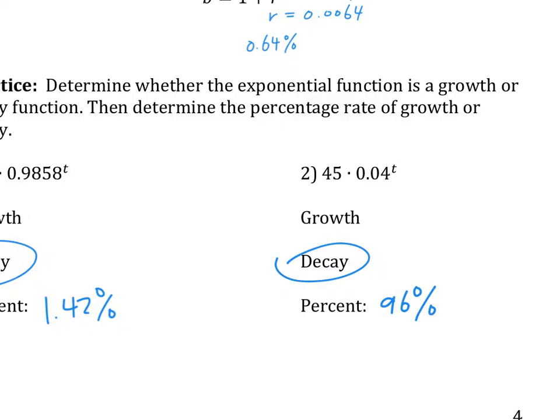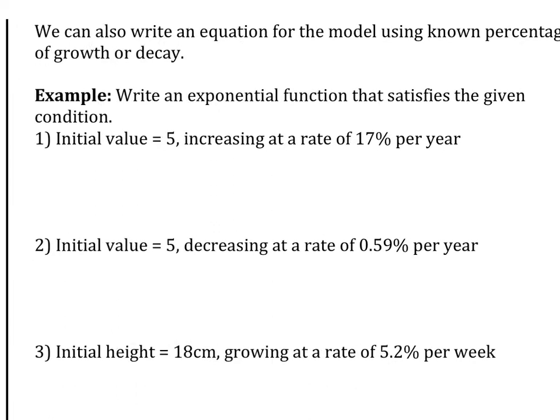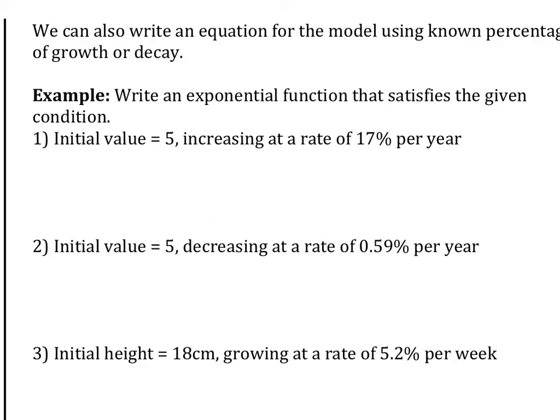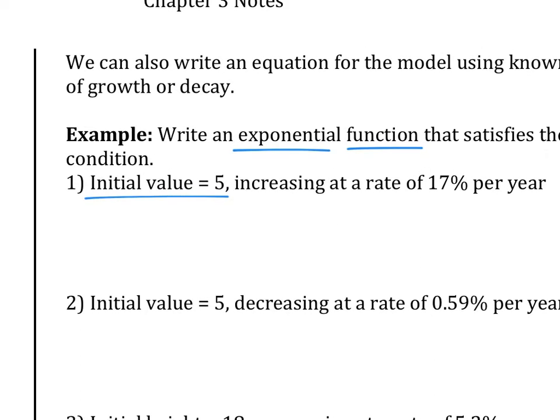All right. Now let's solve some problems. Okay, if they give you an initial value and how fast it's growing or how fast it's decaying, you need to write an exponential function that meets that criteria. So first of all, let's read the question.